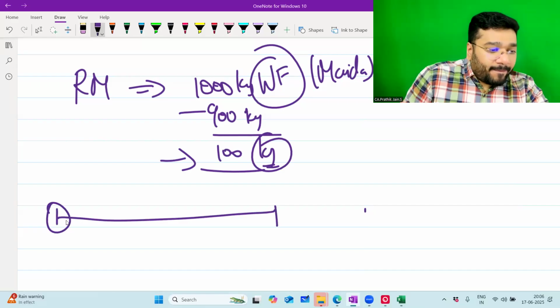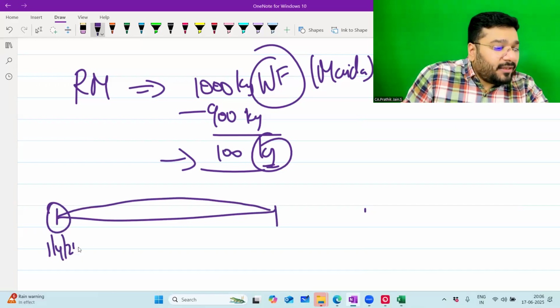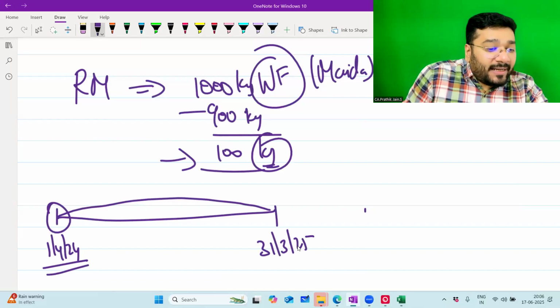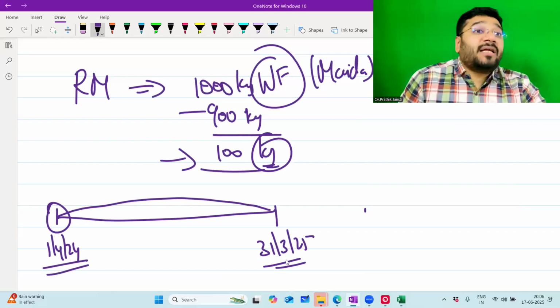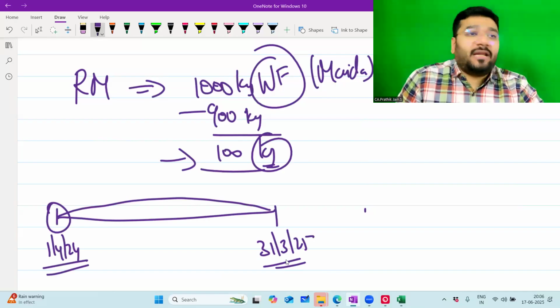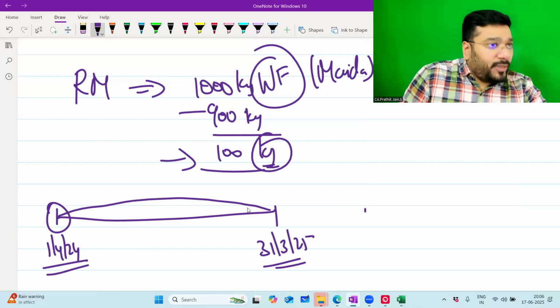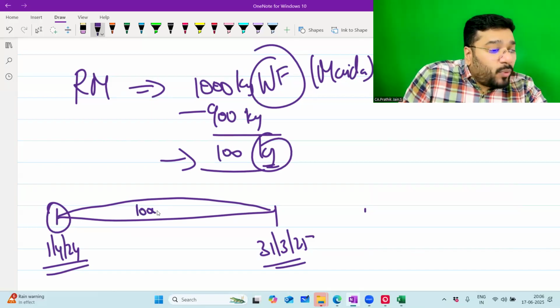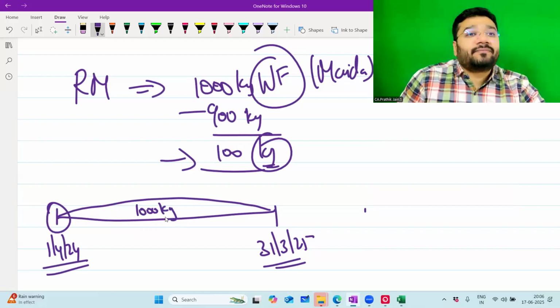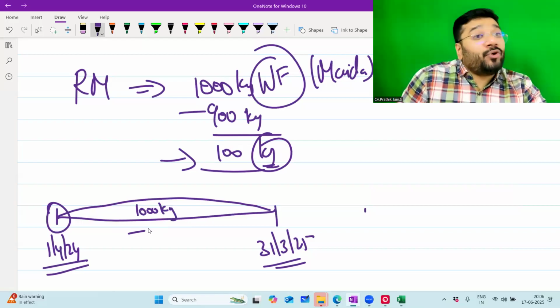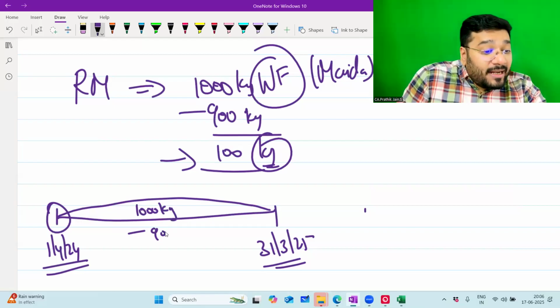Now, from this period to this period, what is this period? 1 April 24. And this ends with 31/3/25. Your financial year begins with April, ends with March. April 24 ends with March 25. During this period, you purchased 1000 kg of maida. Then how much kg of maida is used for manufacturing purpose? 900 used.